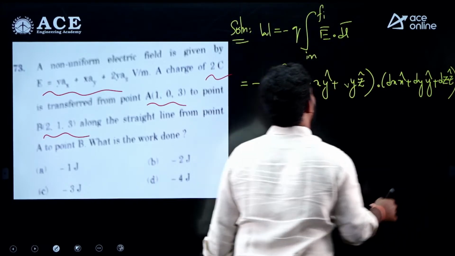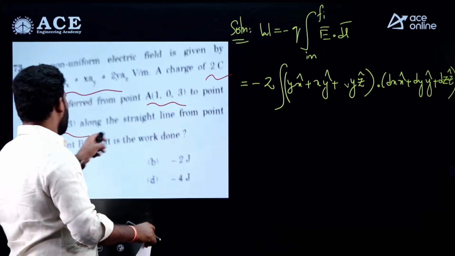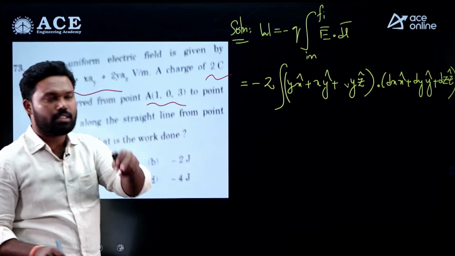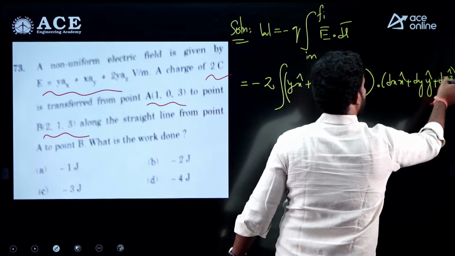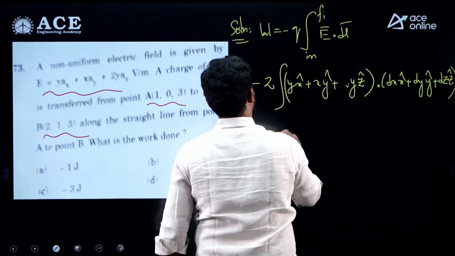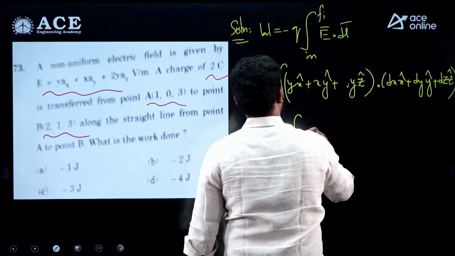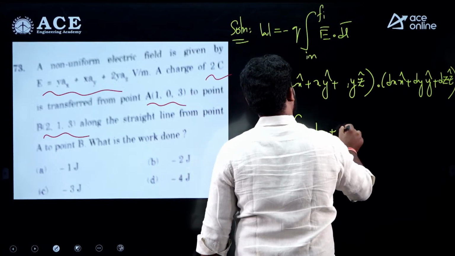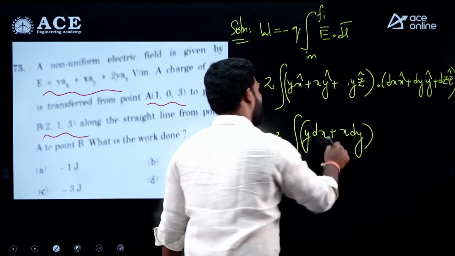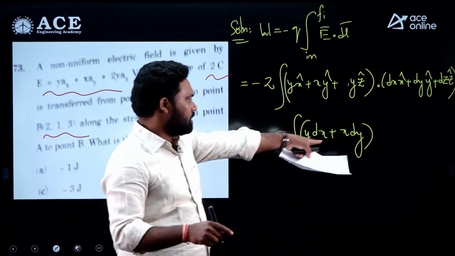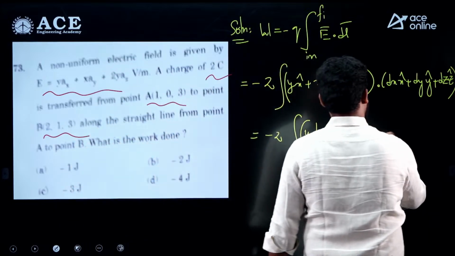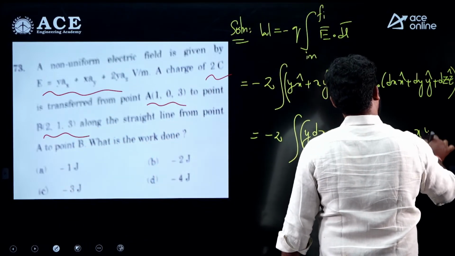I will skip some of the steps here. You can notice that the z component is constant, so dz is 0 and this part is 0. So it is minus 2 times the integral of y dx plus x dy. From your integration knowledge, you can write this as an integral factor. So it is minus 2 into xy.